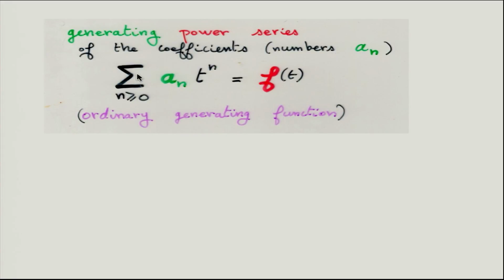Usually it's called the ordinary generating function. In this class, except for one exception for 10 minutes, I will always use ordinary generating functions. There are other kinds, like the exponential generating function, meaning you put Tn over n factorial. But everywhere here will be ordinary generating functions.